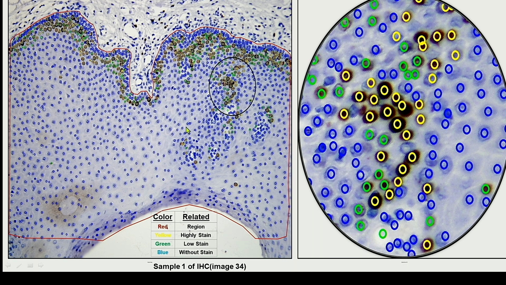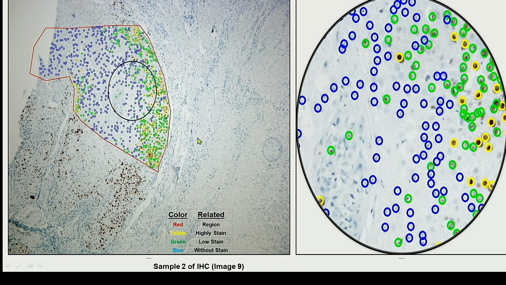Here we show you some variety and diversity of the staining level. We see here the high stain level and low staining level, and this is the low staining level, the red, the green one, and the high, and the blue one is without staining. Another problem we can show from this image.